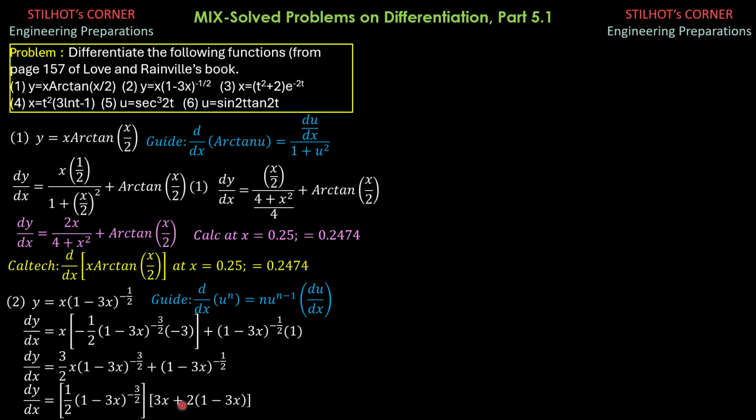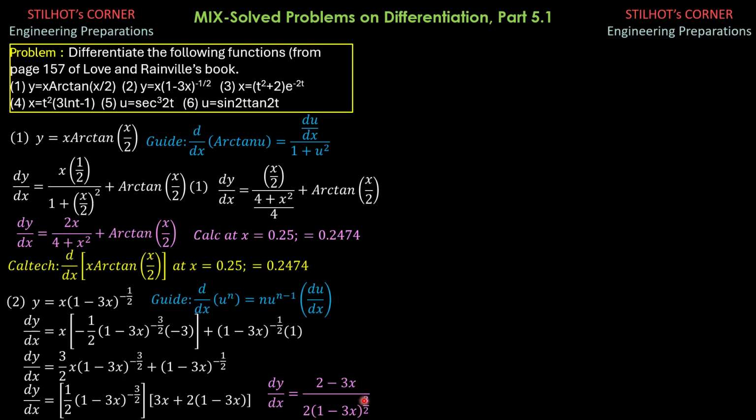The simplification of this second factor would be 3x minus 6x plus 2, so that would be 2 minus 3x. And we bring this down because it has negative power. So the final answer, dy dx, is 2 minus 3x over 2 quantity 1 minus 3x to the positive 3 halves.